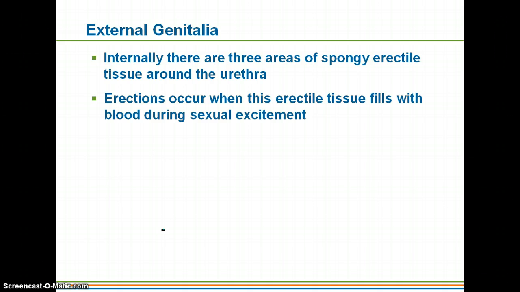Those precapillary sphincters will be shut when a male is not sexually aroused. When they become sexually aroused, those precapillary sphincters will open, allowing blood to flow into all the capillary beds within the erectile tissue, causing an erection.